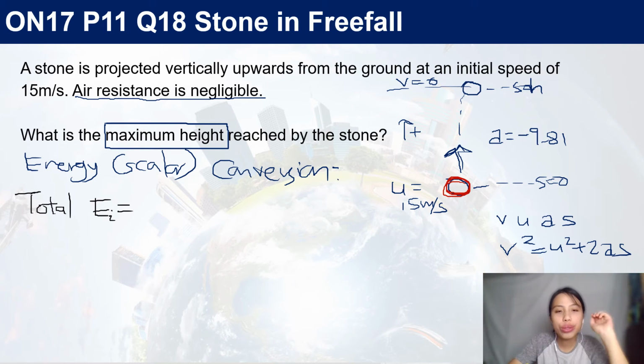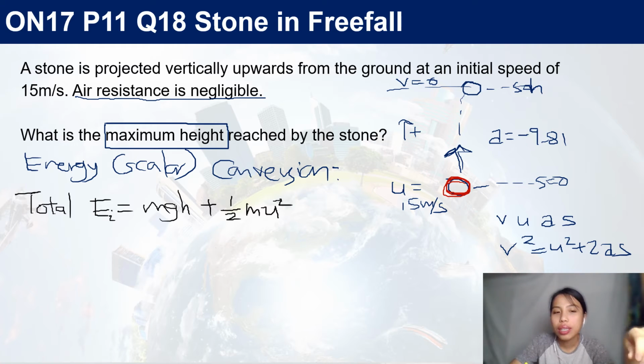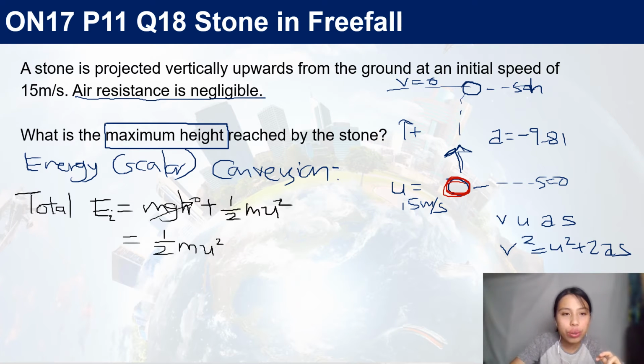We define that as our 0. So we have mgh plus half mv squared, some velocity there, but since it's u, I will say half mu squared. Then, what is this thing here? There is no gravitational potential energy, so we say this is 0, because that is where 0 is. So all the energy that this ball has is just kinetic energy, purely kinetic energy. What is u? u is 15 meters per second.